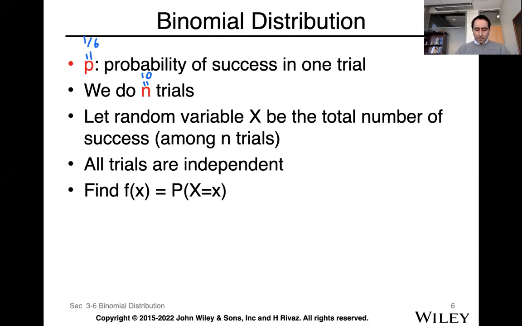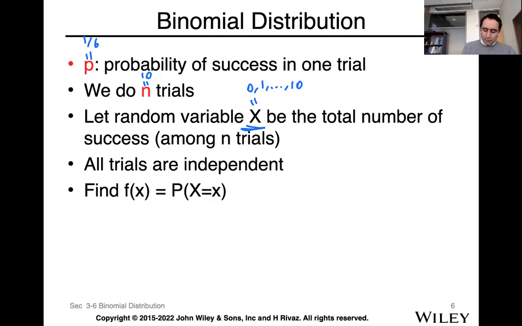And I define random variable X as the total number of successes. So in this experiment, X can be 0, I basically rolled a 6 zero times, or X can be 1, or all the way to 10. I can be very lucky, and all 10 times I get a 6.